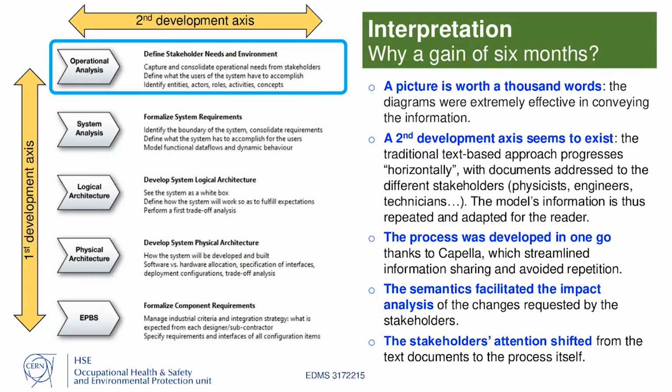That is, in the standard traditional approach, they were asking for changes in the sentences, in the sections of the text document, but then when it is reflected in a diagram and Capella modifies the diagram, but also all the other diagrams, then you understand that you are not asking for a change of a sentence, you're asking for a change of something more.